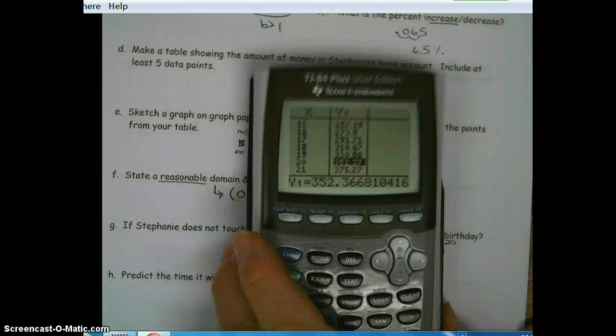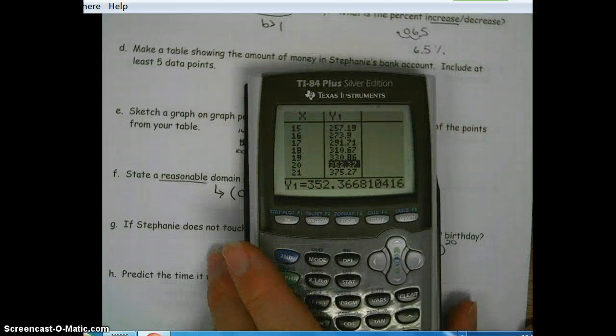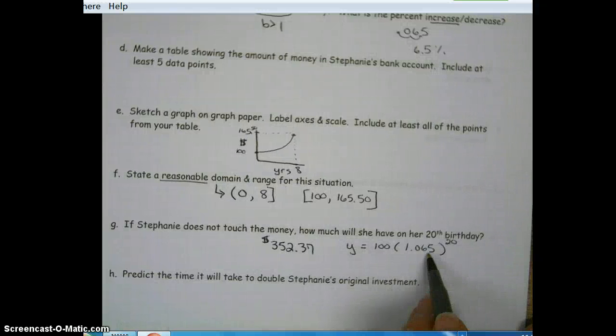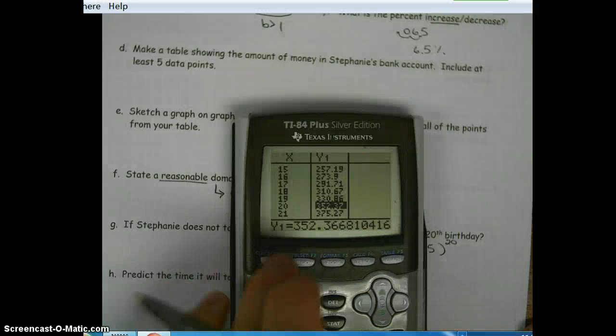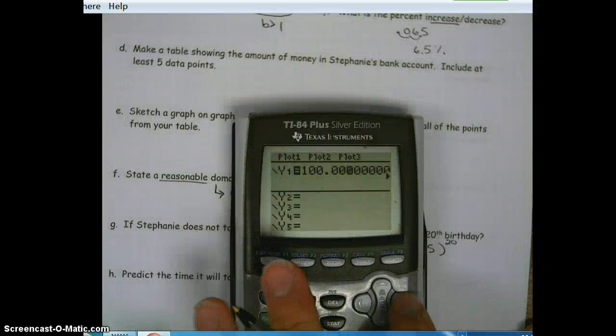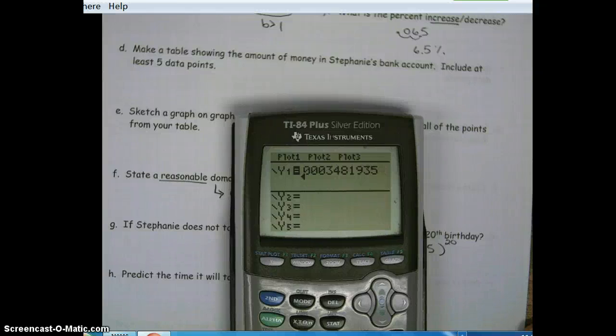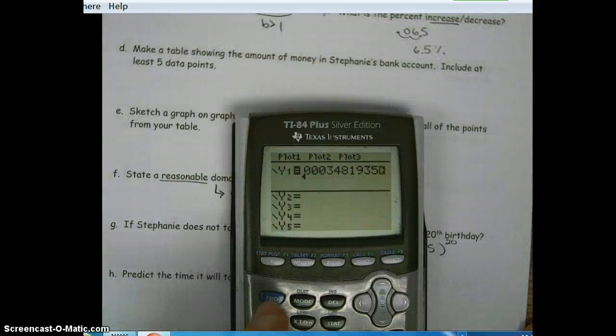Now it's going to come out a little bit different because we rounded our decimal, whereas in the calculator we used all the decimal places. So let's see what we get.